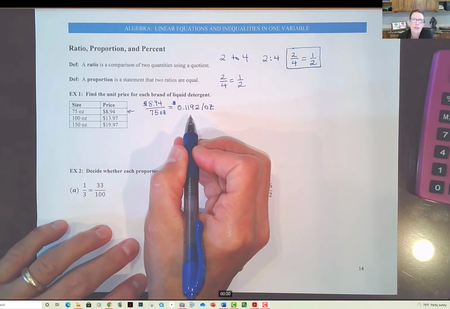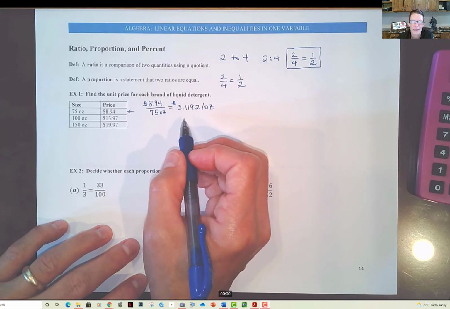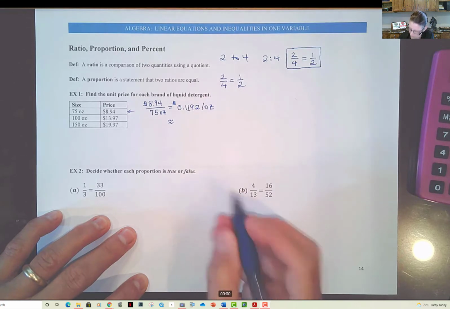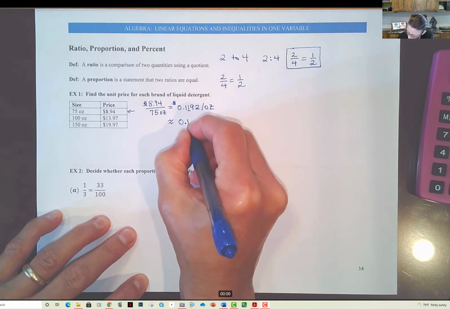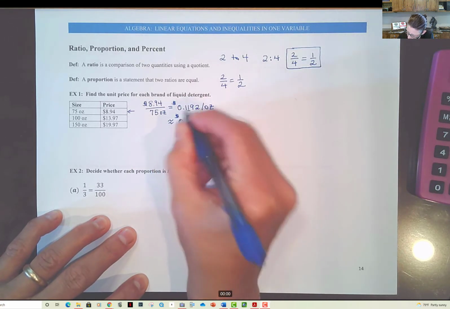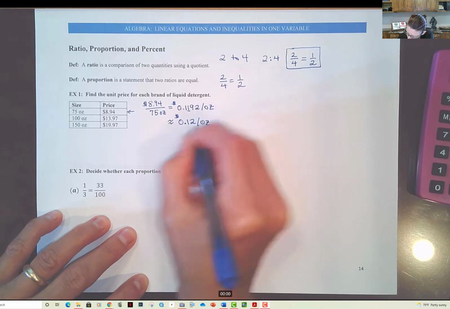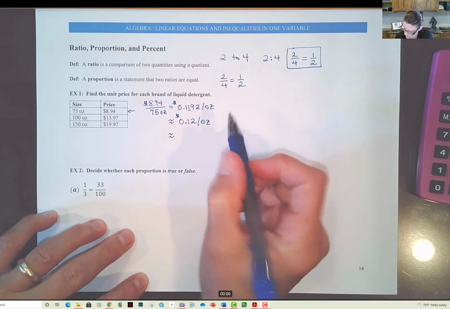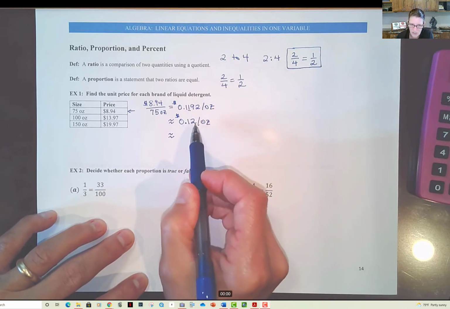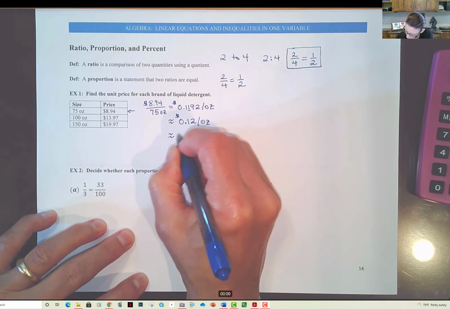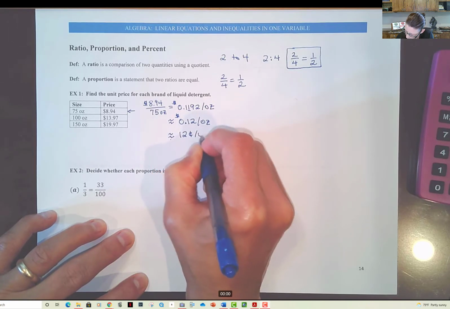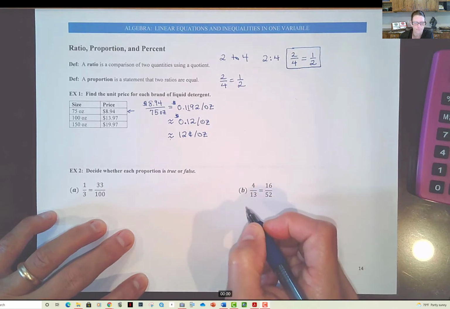But when we talk about a dollar amount, 0.1192, which I'm going to round to the nearest hundredth, as $0.12 per ounce. Well, if we convert this to cents, which I'm also going to do, $0.12, as we move that decimal point 2 places, that's approximately 12 cents per ounce.